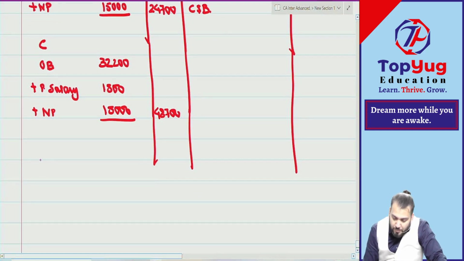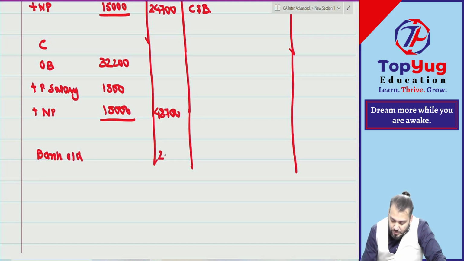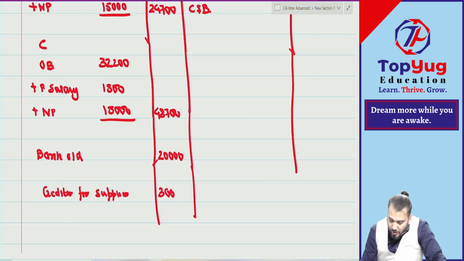First is Bank OD. Any changes? 20,000. Then creditor for suppliers, no changes, 30,000.